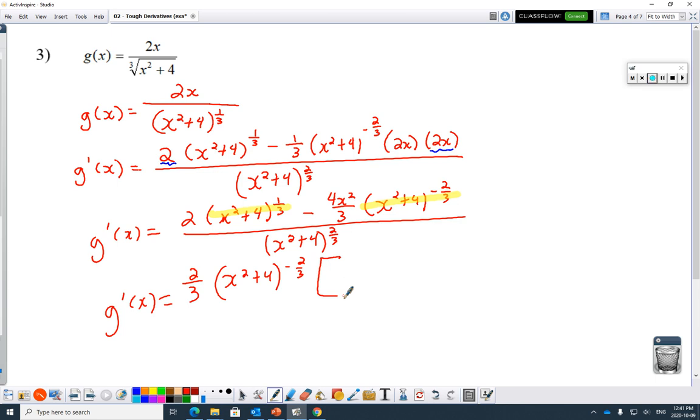So I'm going to think of it backwards: what has to go here that I can multiply by 2/3 and end up with the 2? If this distributes, the 2/3 times it has to come back out to 2. What number do you multiply 2/3 by to end up back at 2? 3. That's why I chose to take out 2/3, because now there are no fractions in the bracket.